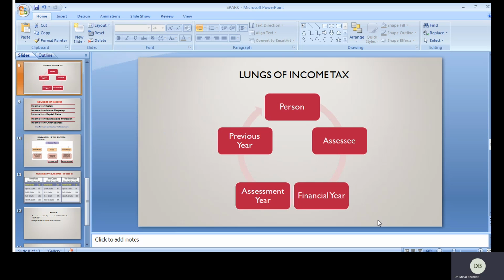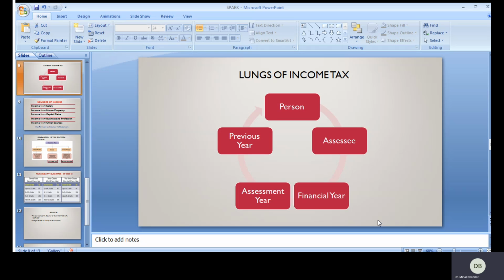On their name also income tax is charged, and that is why for income tax they are treated like a person. The Tata Group of Companies is a person, or any partnership firm is a person. Every body of individuals, any trust, is also called a person according to the Income Tax Act.